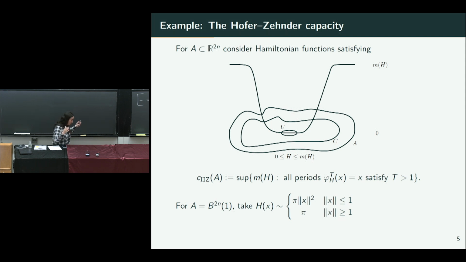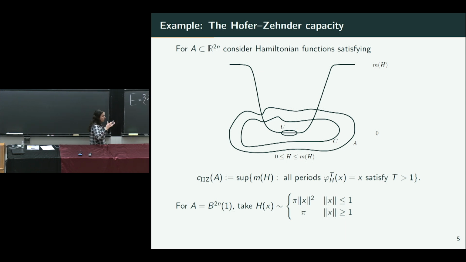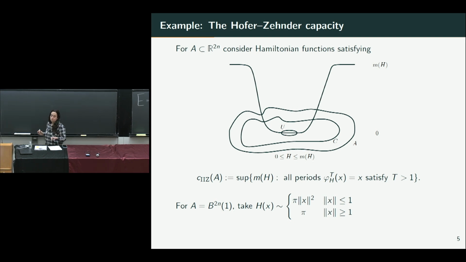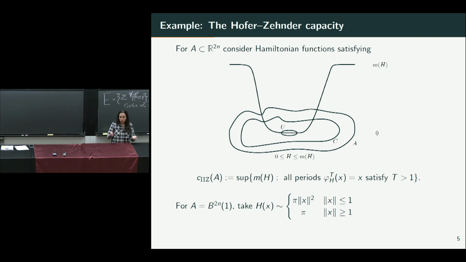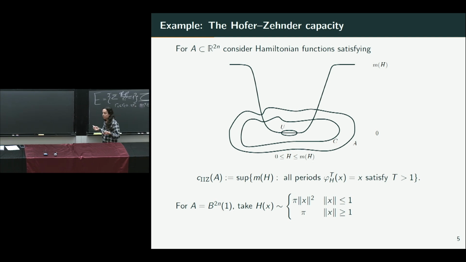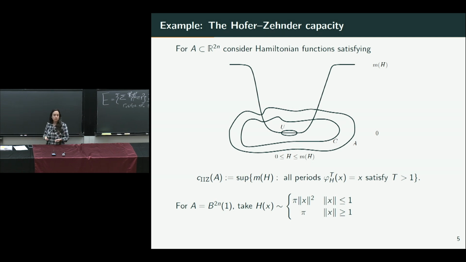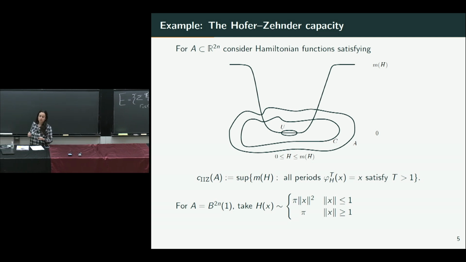So this is what happens inside the interior of the ball, and there would be fixed points outside. The length of the circles would be 2 pi r inside, and the rate we go along the orbit is also 2 pi r. So the periods of all the closed orbits, which are at every point, would be 1. And so it satisfies these conditions.